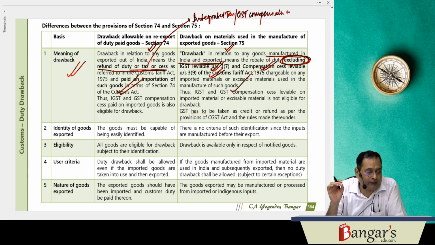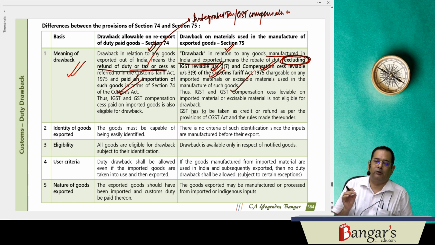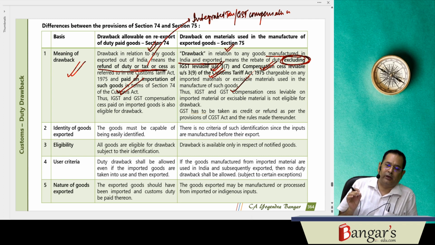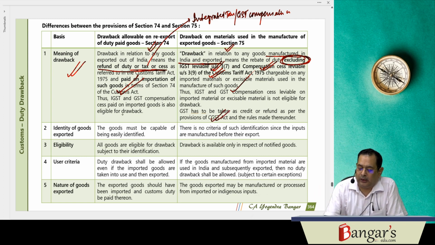So under section 75, the IGST and GST compensation cess leviable on the imported material or excisable material is not eligible for drawback. GST has to be taken as credit or refund as per the provisions of the CGST Act or the rules made thereunder, whatever CGST or GST cess has been paid.